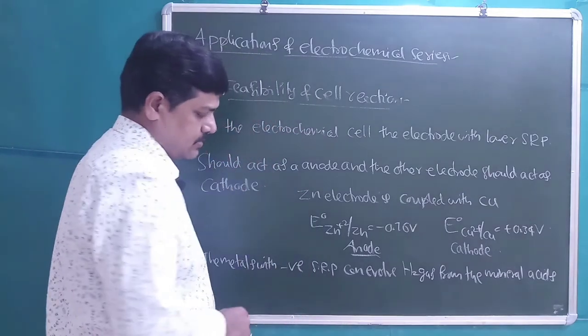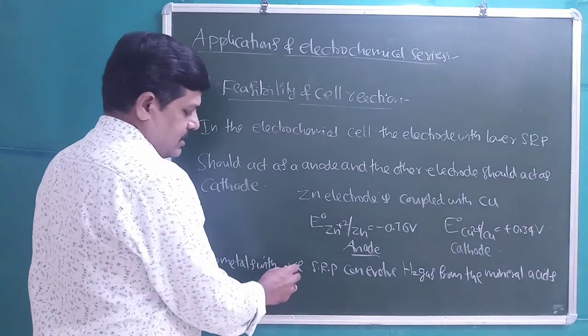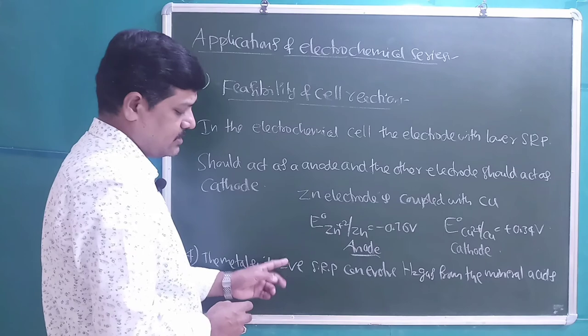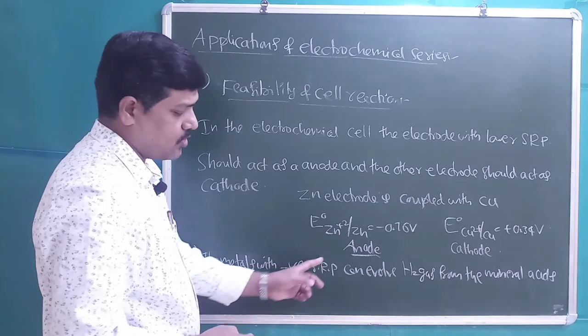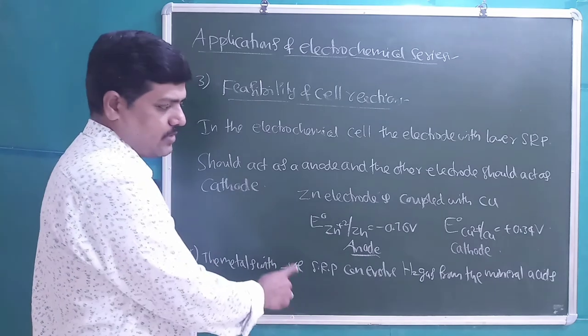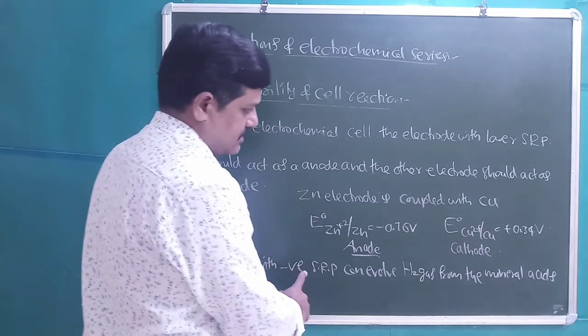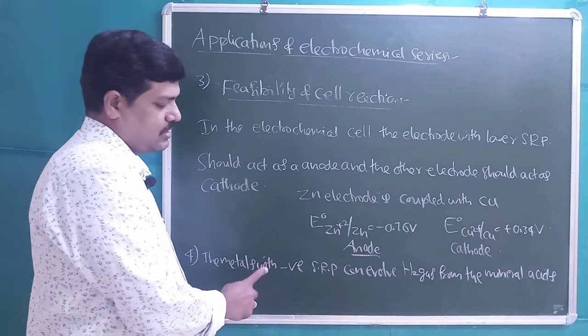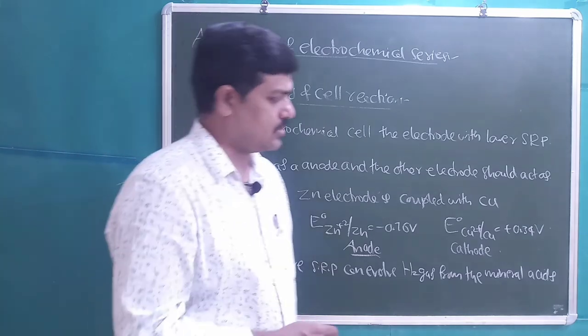So that means a metal which has a more negative reduction potential is more reactive than hydrogen. So those metals can evolve H2 gas from the mineral acids. So students, these are the important applications of the electrochemical series.